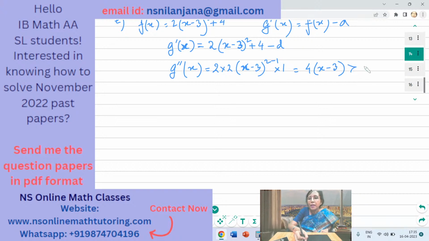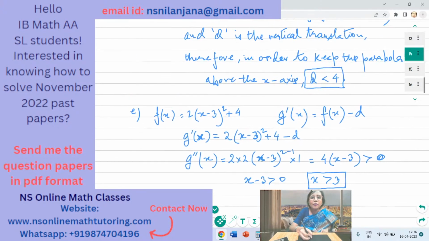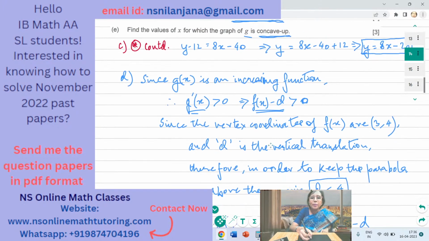And this should be greater than 0 in order to be concave up. If we divide both sides of the inequality by 4, we get x minus 3 is greater than 0. And then we add 3 to both the sides to get x is greater than 3. X values should be more than 3 to have the g of x function concave up.